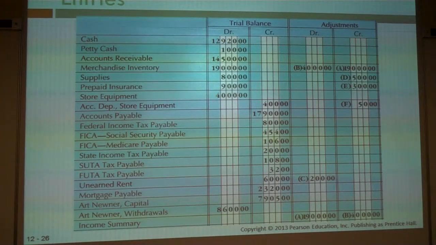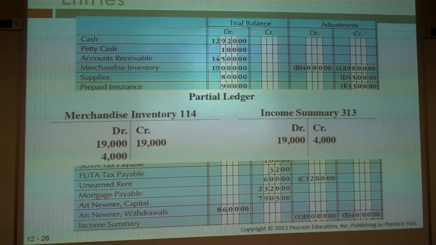Remember the A and the B, I told you in some of the examples, the A and the B are reversed, not the number part, but the letter part. This one is the way I like to see it. Take away the beginning merchandise inventory and then put in the new merchandise inventory. And remember the other day I said this isn't the only way you can adjust merchandise inventory. There's the partial ledger, the T accounts, if we were to record those adjusting entries.